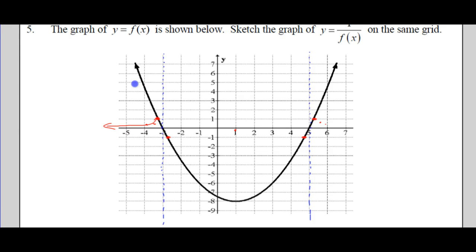So we're going to go up here. And the same thing's going to happen on this side, right? These values are getting larger, so their reciprocals are getting smaller. These are smaller positive numbers, so we get larger positive numbers. The reciprocal is going to be larger.